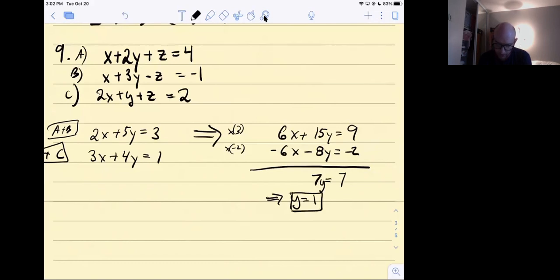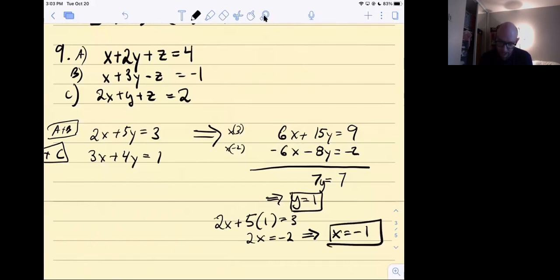Once we have y equals 1, we can plug into the first equation. You get 2x plus 5 times 1 is equal to 3. So 2x is equal to -2, or in other words, x is equal to -1.